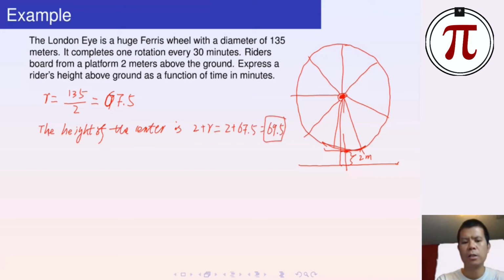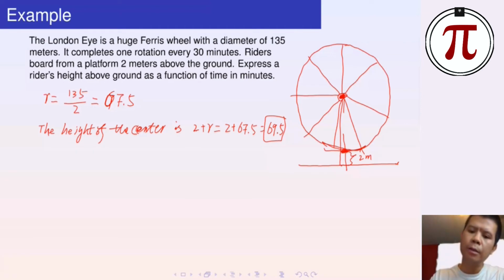This is the height of the center. Now, it completes one rotation every 30 minutes. Riders board from a platform 2 meters above the ground. They board at the bottom of the wheel, so it's a 2 meter platform. So initially the rider's height is 2, correct? Yep.